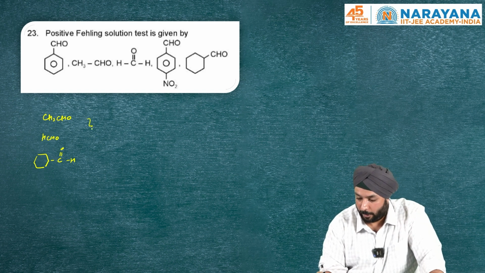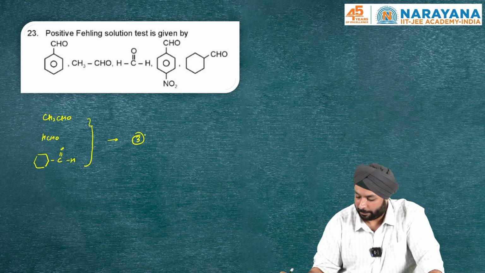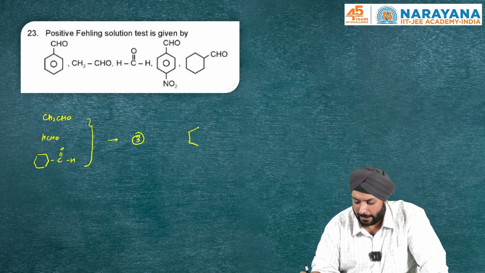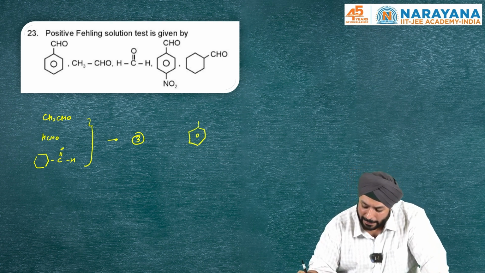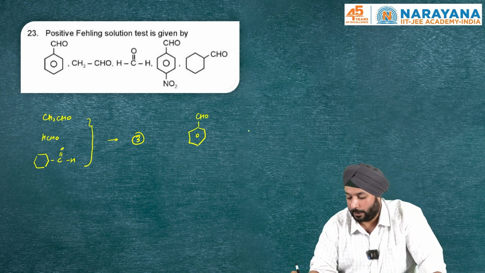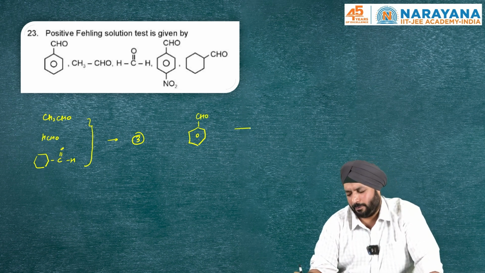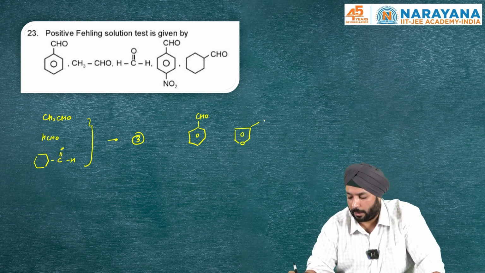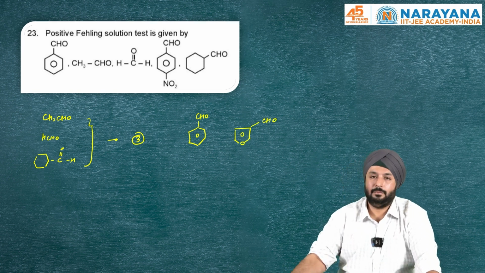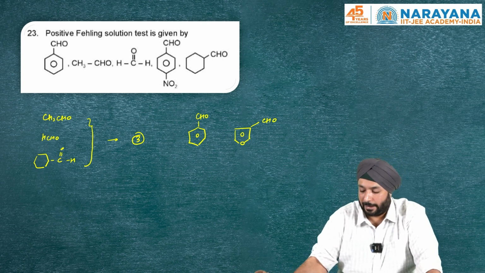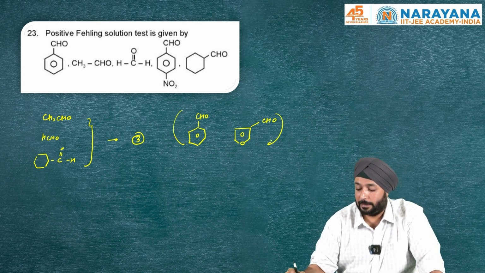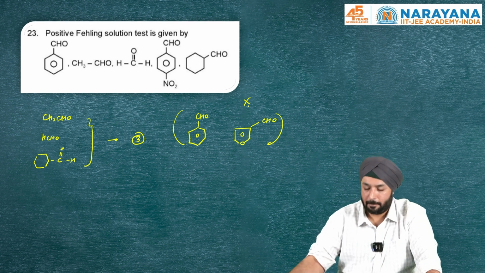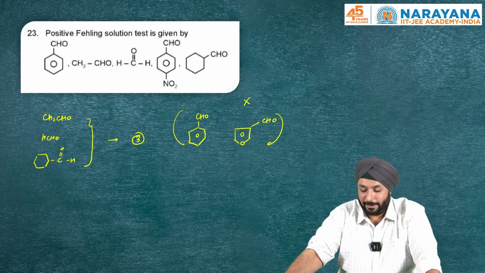So these are the molecules which will give Fehling test. So the answer is supposed to be 3. And the aromatic aldehydes, in which the aldehyde is directly attached to the aryl group, whether it is your benzene or your furan, will not perform this test. Getting it? So Fehling solution or maybe Benedict solution will not give this test, right?